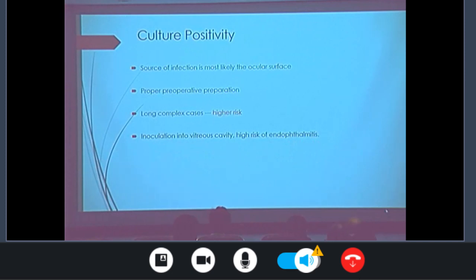Some studies in rabbits have demonstrated that if you inoculate only 5 microorganisms of Pseudomonas into the vitreous cavity, they can develop endophthalmitis. Instead, you can inoculate up to 50 million bacteria of Pseudomonas into the anterior chamber, and they will not necessarily develop endophthalmitis. This is probably due to the avascular nature of the vitreous cavity. It's rich in nutrients for bacteria to grow, and it is away from any other immune mechanisms that can protect the retina or the vitreous cavity against it.